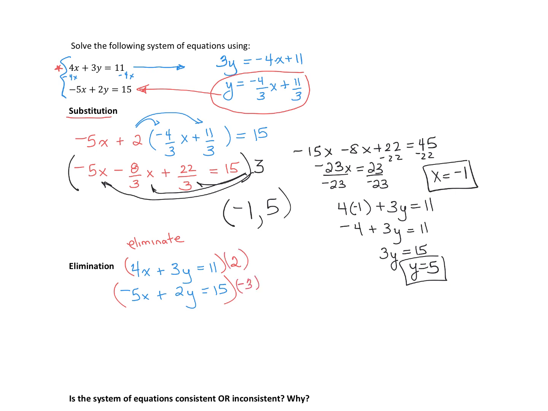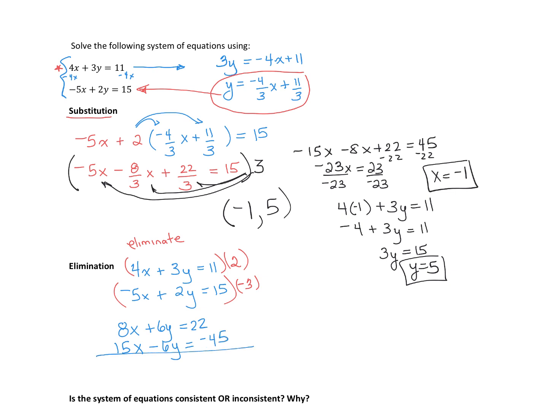So we just get a multiple of what we started with. The first one is 8x plus 6y equals 22. And multiplying by -3, we get 15x minus 6y equals -45.